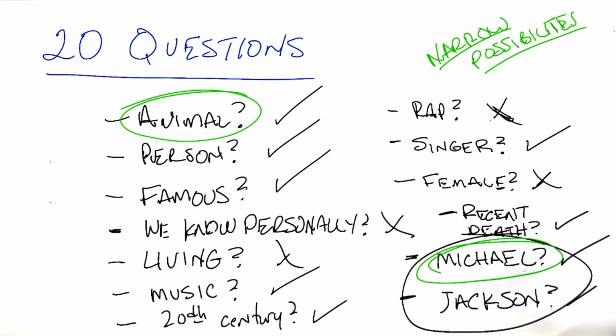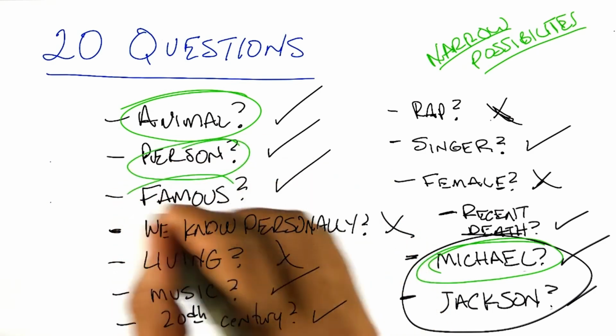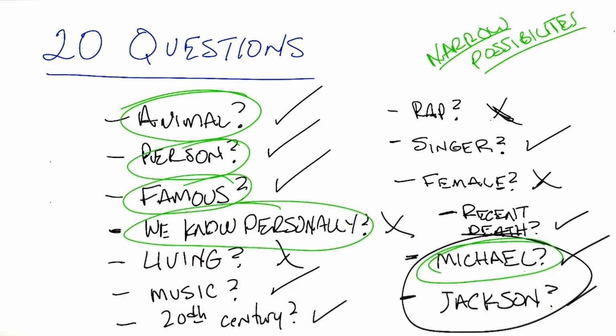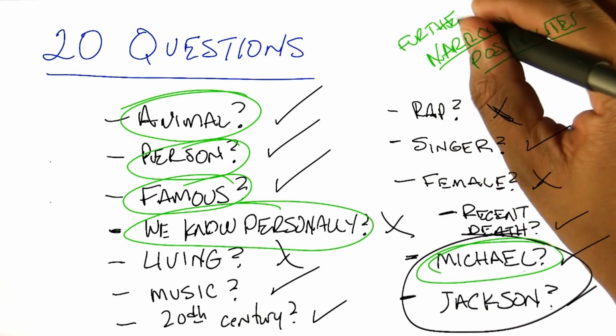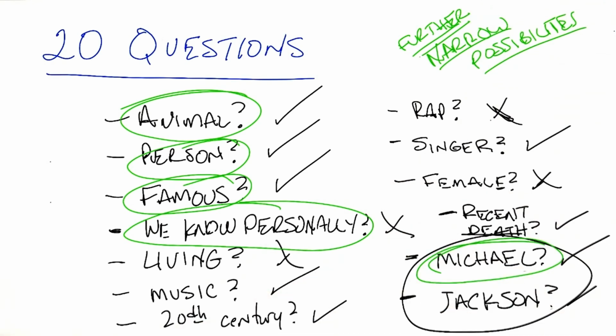Exactly. And so I think, in fact, we could have a general statement here that each one of these questions, person, famous, do we know this person personally, and so forth, all make sense because they further narrow down the possibilities. And that bit about further is important because it implies that the usefulness of a question depends upon the answers that you've gotten to previous questions.